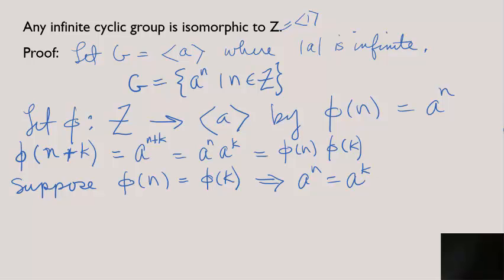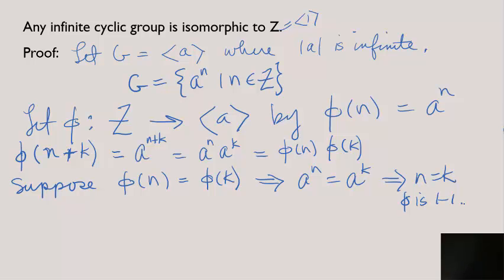But since G is an infinite group, A has infinite order, this can only happen if n is equal to k. Remember, we proved in an earlier exercise that all powers of A are distinct if the order of A is infinite. So A to the n equals A to the k would mean that n has to be equal to k. So we have proven that phi is one-to-one.